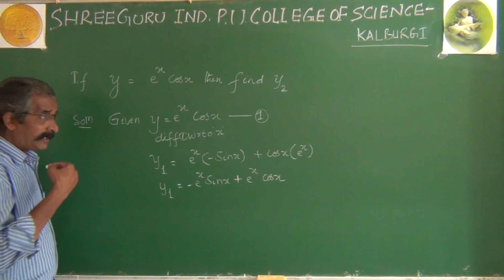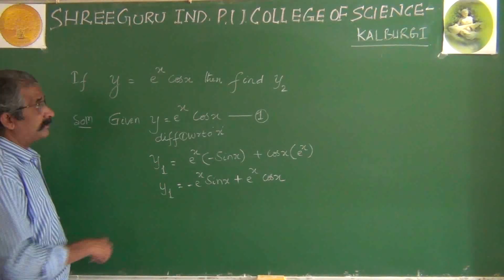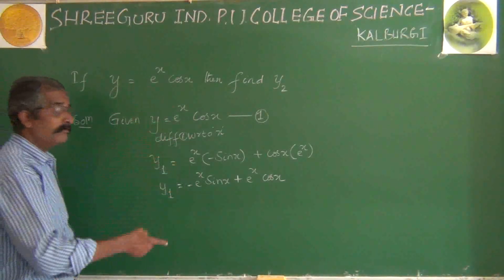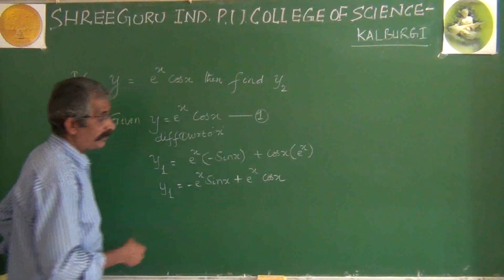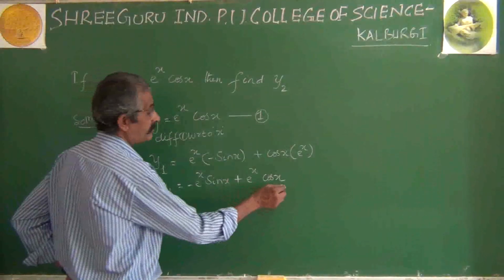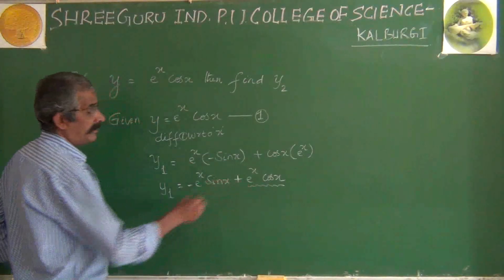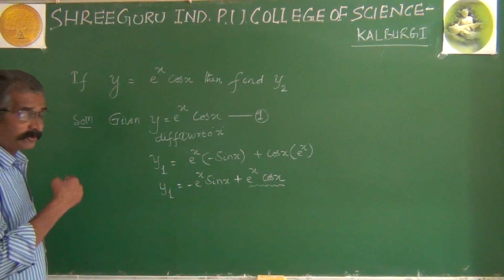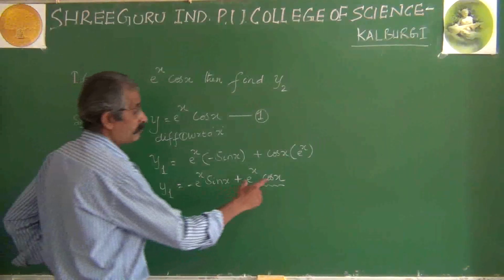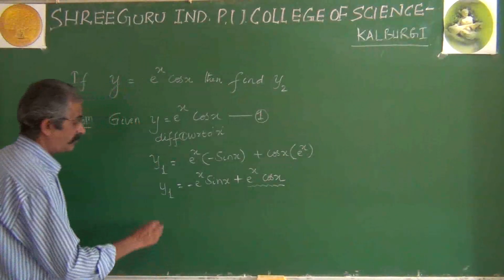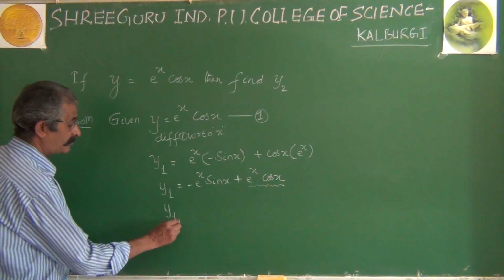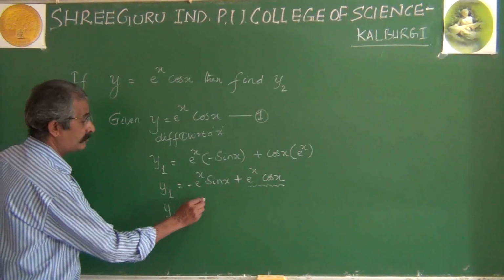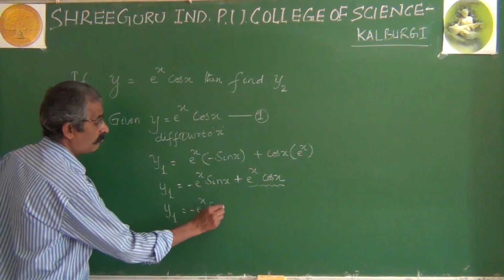Suppose you are asked a question like y2 in terms of y as well as y1, then it is better to write this quantity as y, because y is given as e power x into cos x. Let's write y as e power x into cos x. Hence now y1 becomes minus e power x into sin x plus y.